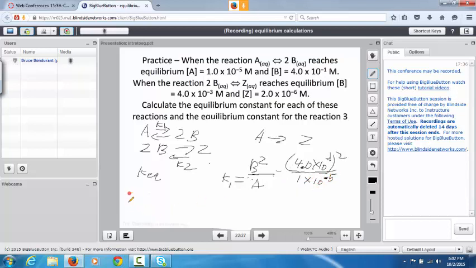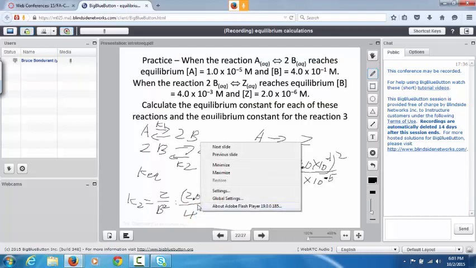Now K2 equals, this is K2, that would equal Z over B squared, which is equal to 2.0 times 10 to the negative 6th over 4 times 10 to the negative third.